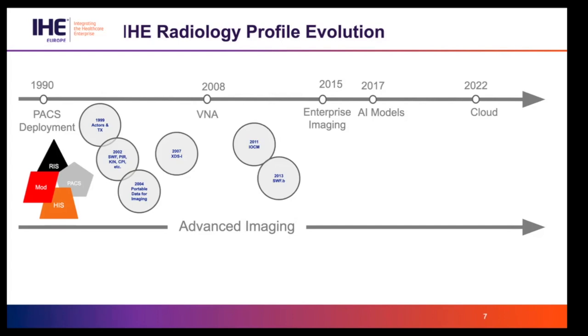ultimately the profile for the exchange of images. In 2008, the advent of VNA also caused work related to how PACS systems would talk to the vendor-neutral archive, and what kind of variability was needed there, which culminated in creating the IOCM profile, which is now used quite widely, followed by the creation of the second generation of the Scheduled Workflow profile.